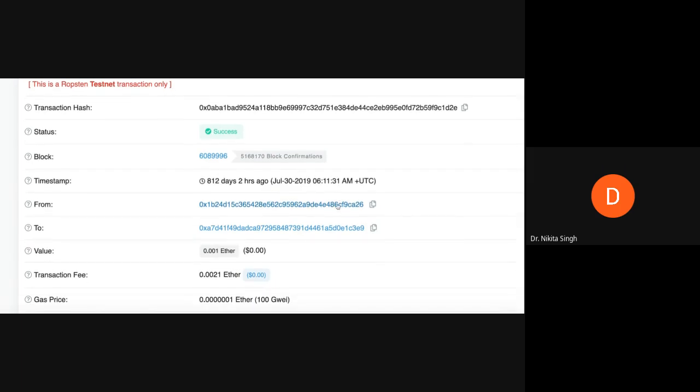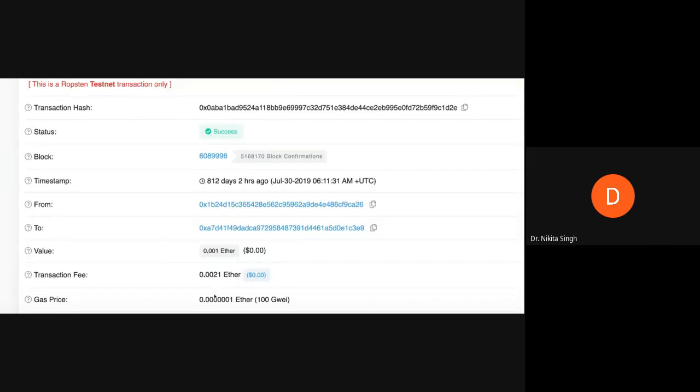It gives you the Ethereum address from which the transaction was initiated, in this case our own address, and the Ethereum address to which the transaction was sent. The value that was sent was 0.001 ether, that is the amount of ether to be transferred to the recipient of this transaction. And then we also include a transaction fee.